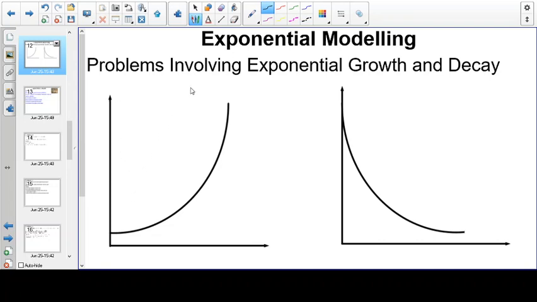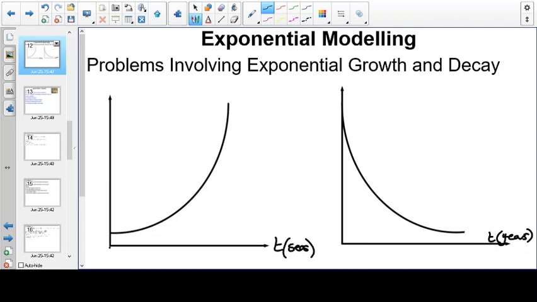When we're talking about exponential growth and decay, we're talking about something growing or decaying over time. So in terms of a graph of exponential growth and decay, the horizontal axis is always time, and it could be in seconds, minutes, or years.